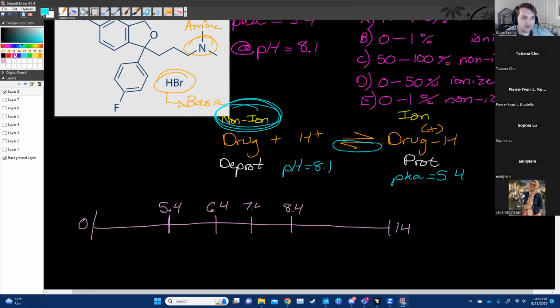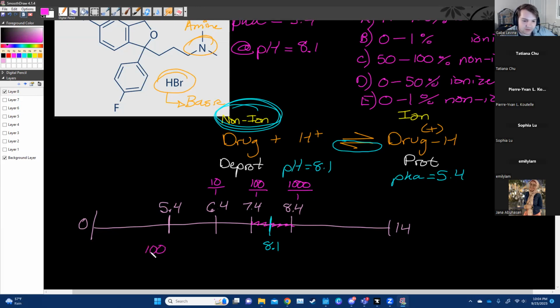And we can also plug in where the pH is at 8.1. So at 6.4, we'd have 10 over 1. At 7.4, we'd have 100 over 1. At 8.4, we'd have 1,000 over 1. So our drug falls in between 100 over 1 and 1,000 over 1.